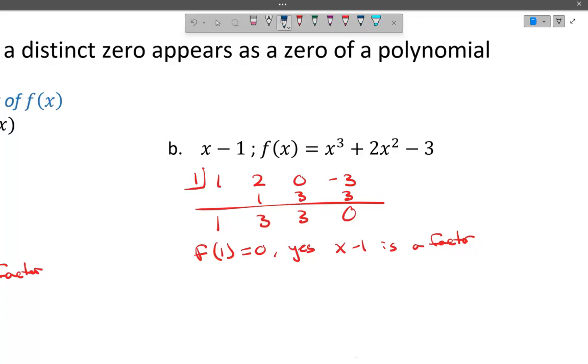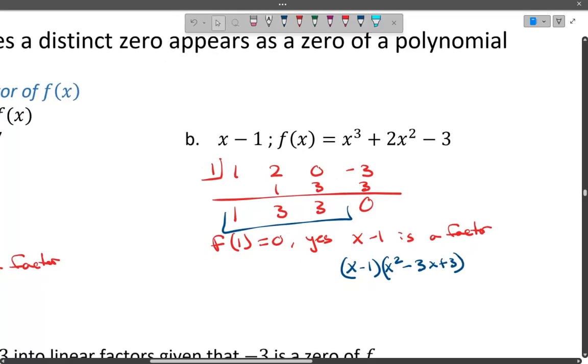And again, like I mentioned in a previous unit, our quotient here is the other factor. So we've factorized this problem into x minus 1 and then x squared minus 3x plus 3. And then if we could factor the x squared minus 3x plus 3, we would. This polynomial is prime, so we can't, but we have been able to factorize this polynomial a little bit.